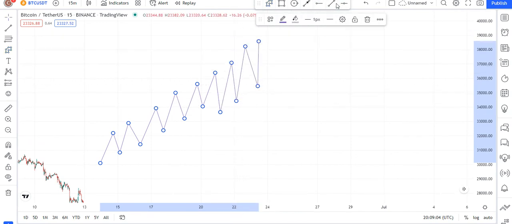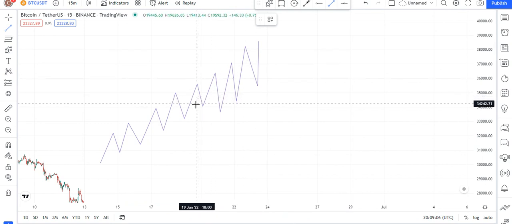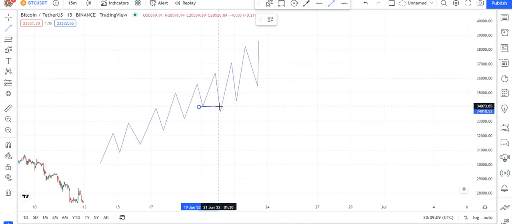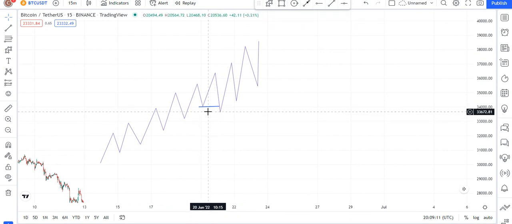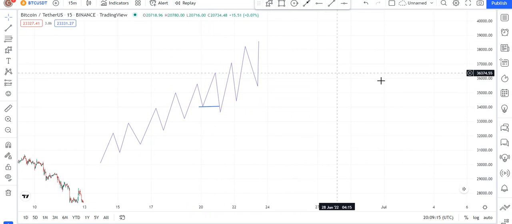So we call that an inducement. It tricked some people to think that maybe the trend is ending, but it's still continuing.